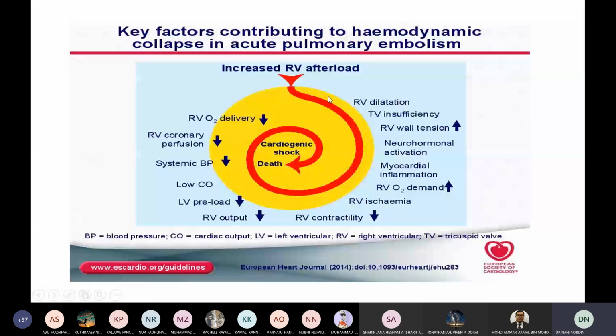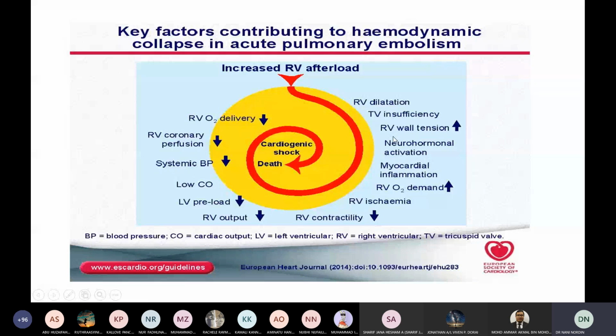It starts from right ventricular dilatation and goes all the way to cardiogenic shock, and you can have sudden death. This is when probably they come to ED and we fail to diagnose it, because it can be quite sudden. Along the way, there are a lot of things that happen.